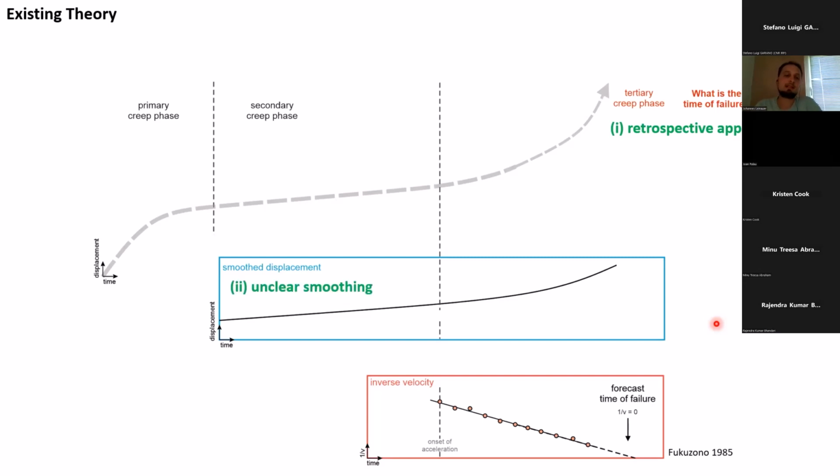The second is that the smoothing, when I go from the raw data to the smooth data, is not always clear, although it has a great effect on the forecasted time of the failure in the end. The third one is the onset of acceleration. This point is sometimes put arbitrarily, or we need a human expert to sit there and decide when the onset has happened.